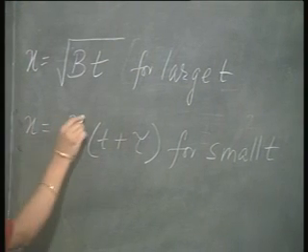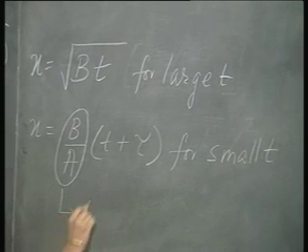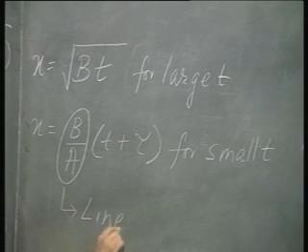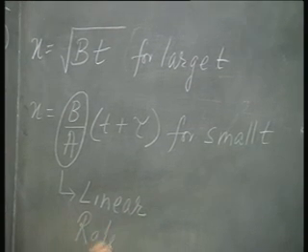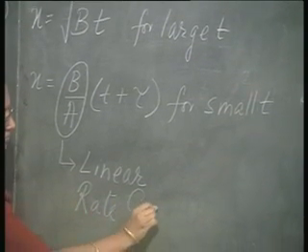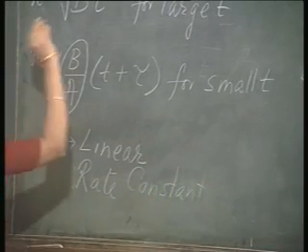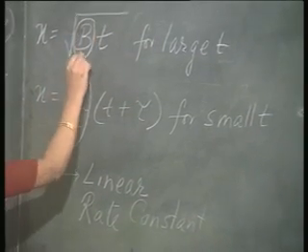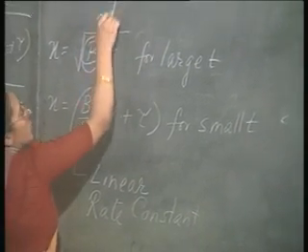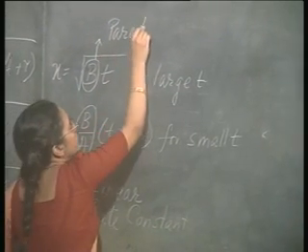This is called the linear rate constant, and this B, this is called the parabolic rate constant.